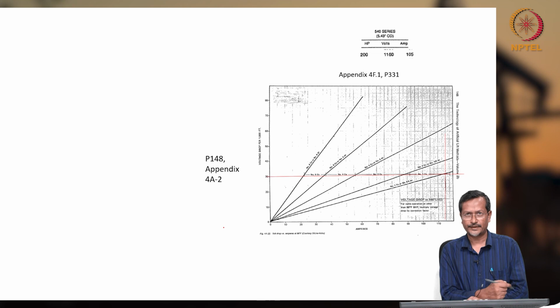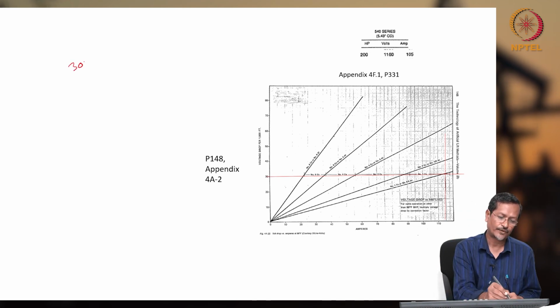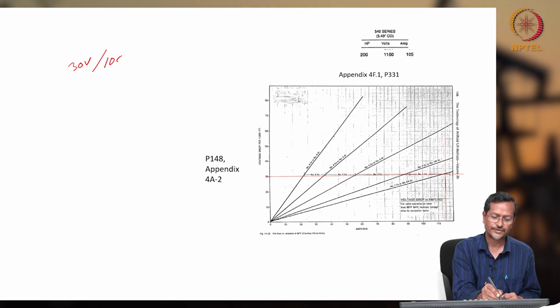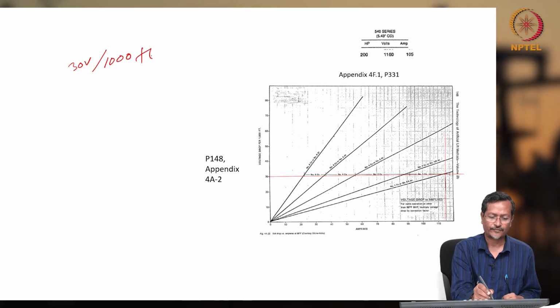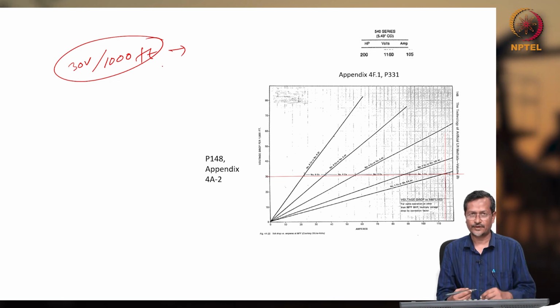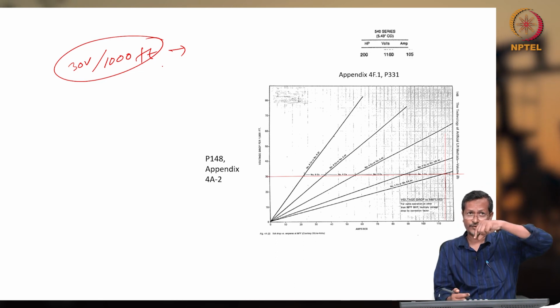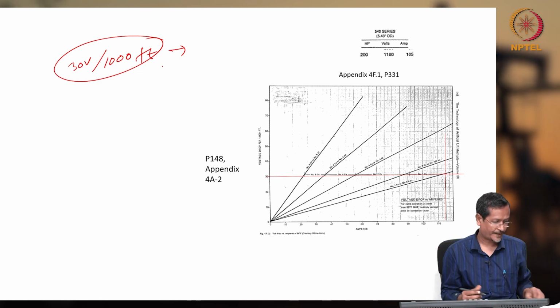For cable, normally the thumb rule is that a 30 volt drop per 1000 feet of cable length will be okay. In this case you have the motor distance plus surface cable all together, and you have to calculate how much voltage drop there is.